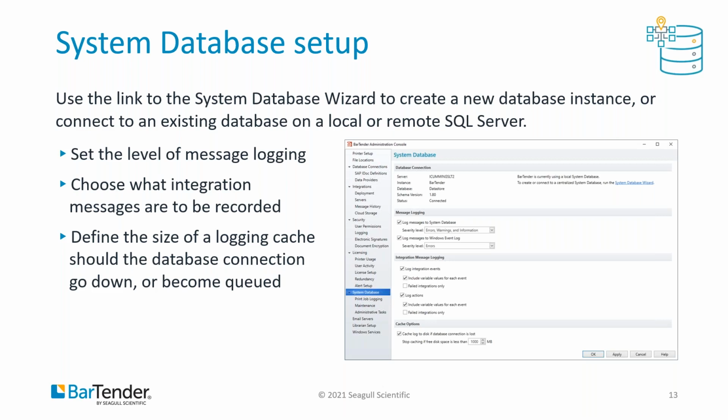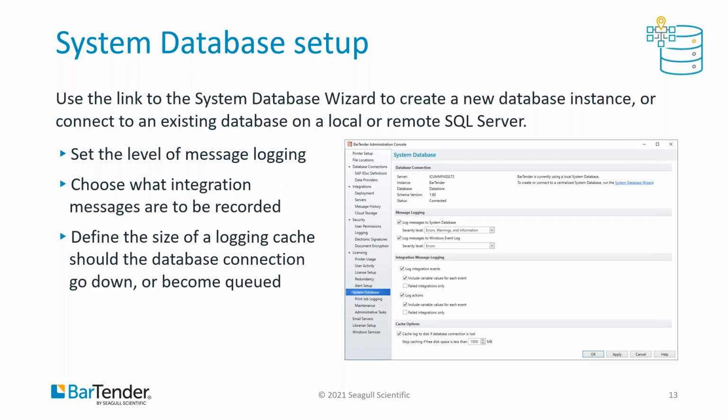And if not already connected to a system database instance, like you see in the screenshot, then you can click on the system database wizard, which you'll see there as a link in the top right-hand corner of that screenshot. And this will start a series of windows, a wizard or an assistant that steps you through the process of connecting the BarTender client software to the system database.